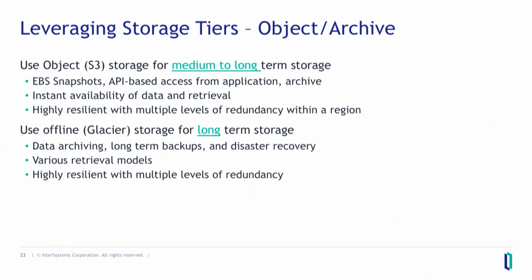Then there's also Glacier. S3 is great for anything that's application specific. Like I said, you put archives out there, application specific files, images, and so on. And then you can tier off of that to offline storage, Glacier, where it's really pennies on the terabyte.